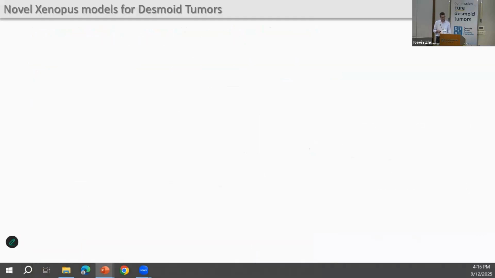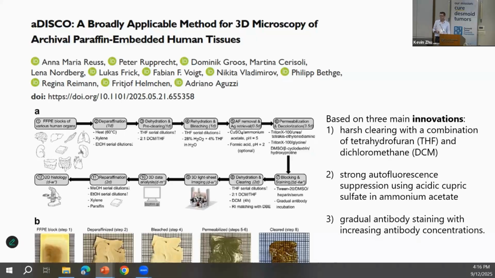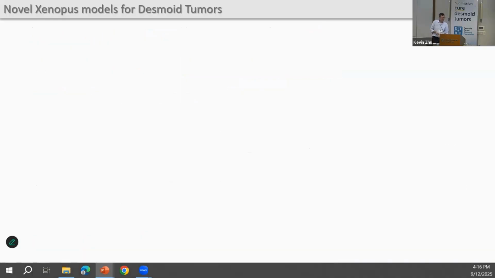I skipped the slide, it turns out. It allows you to do 3D analysis on archived material of relatively small samples, of course, not a 10-centimeter tumor.